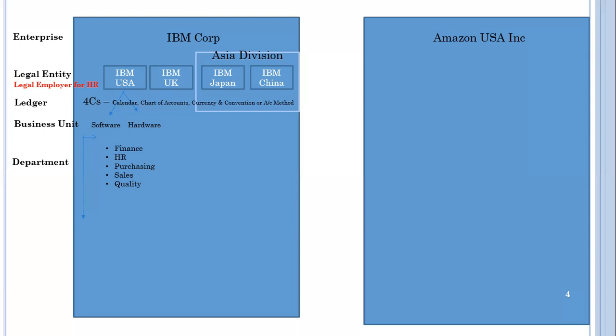So the cash accounting method is when the cash is exchanged, and your accrual method is when the transaction happens, the day the transaction happens.